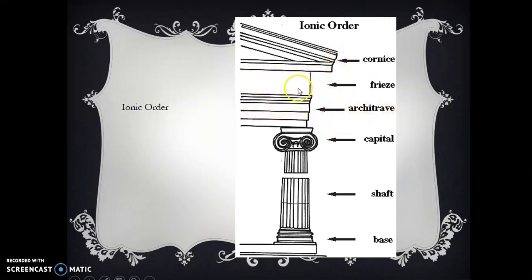This is the architrave that goes below the frieze, the cornice, and then the pediment is the triangular part up here. You have the capital, the shaft, the base, and like I said, in the Doric order the frieze is much different in the Ionic because it's basically a continuous narrative that would go into that frieze.